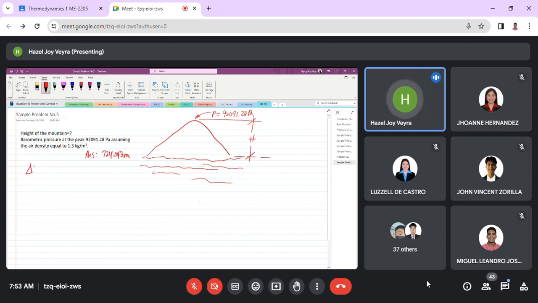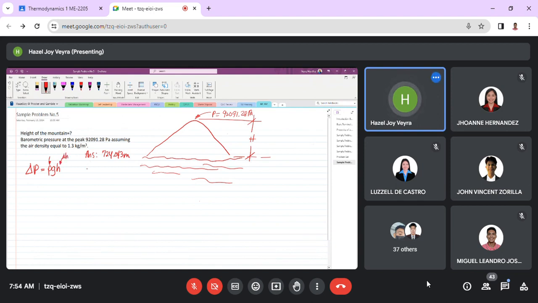So here, class, we will use the formula delta P, or change in pressure, is equal to rho g h, where rho is the density of the fluid, g is the gravity, and h is the delta h.